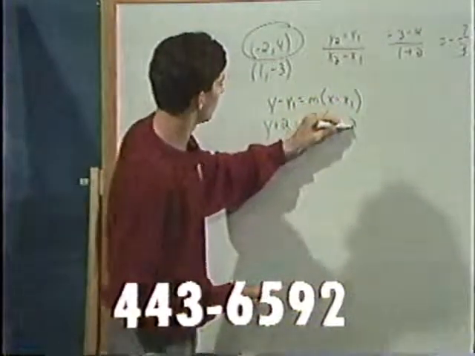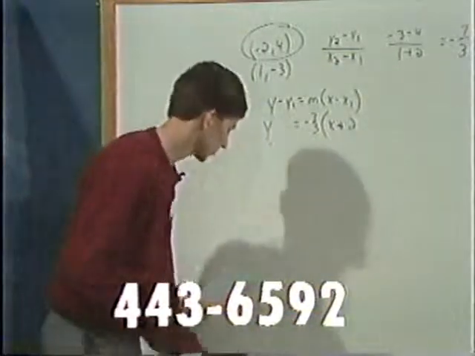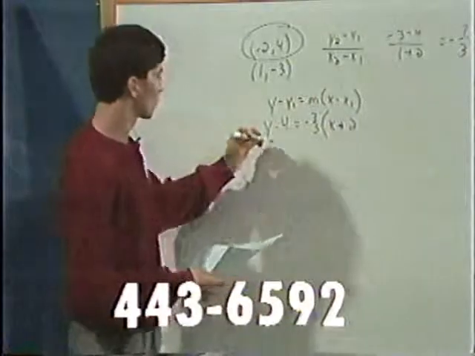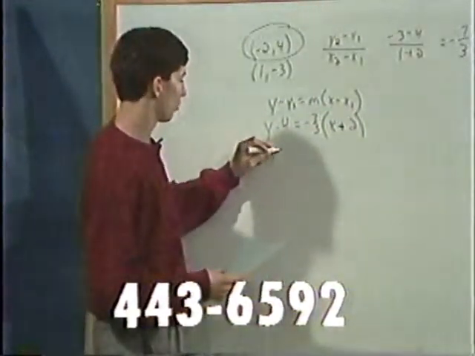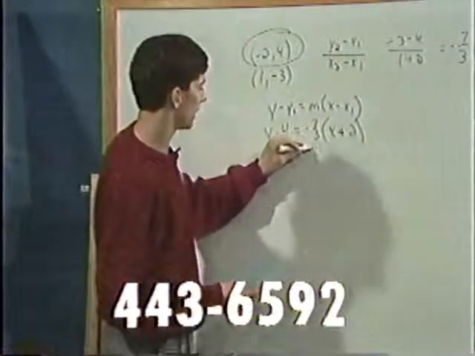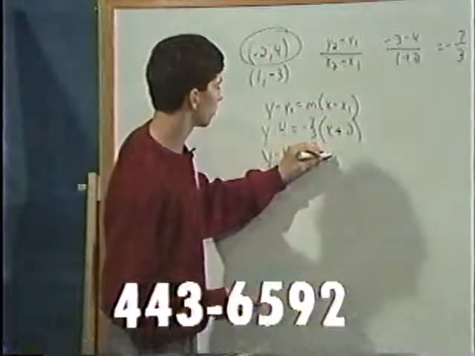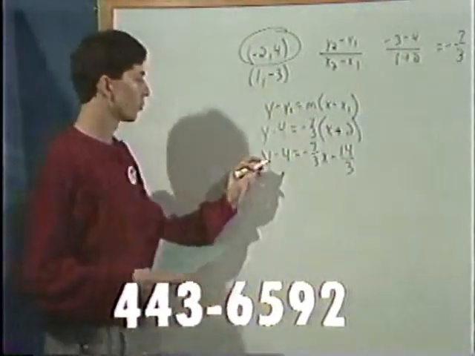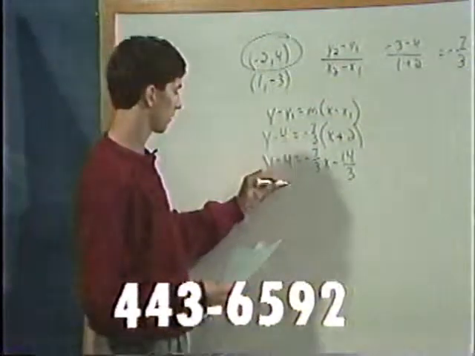Excuse me, this would be a negative 4 instead. We multiply this side of the equation and find y minus 4 equals negative 7/3 x minus 14/3. We now add 4 to each side, solving for y.